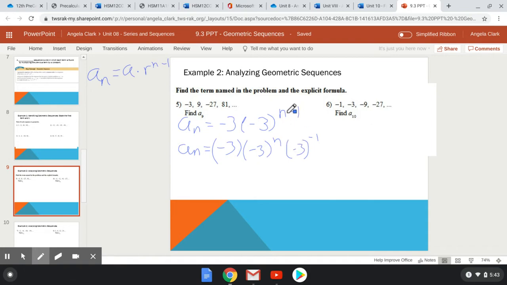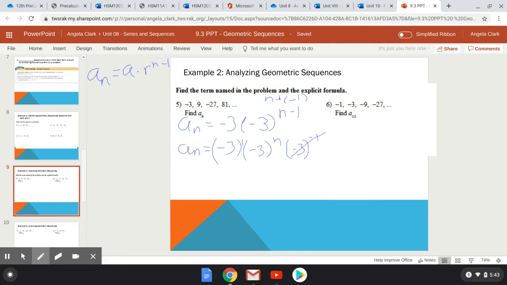I could say that this is n plus -1, so I can split this into two separate bases, and to combine these, I would add the exponents. So I'm just doing the opposite of that. Now I can add this exponent with this exponent, which is an invisible 1, so I have 1 and -1.